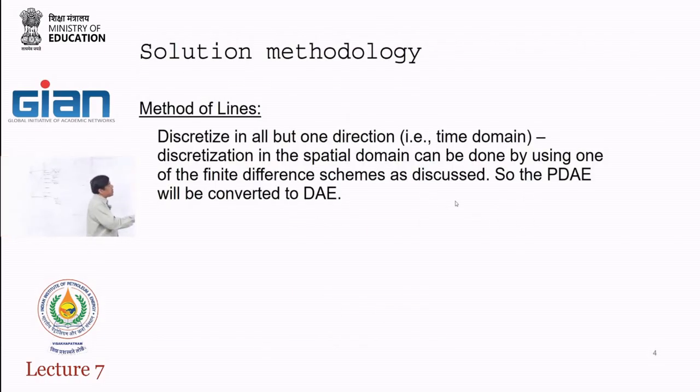So what it does is take the PDAE and convert it to a DAE, a differential algebraic equation, which we discussed yesterday how to do. However, yesterday we talked about finite difference schemes applied to the spatial derivative.